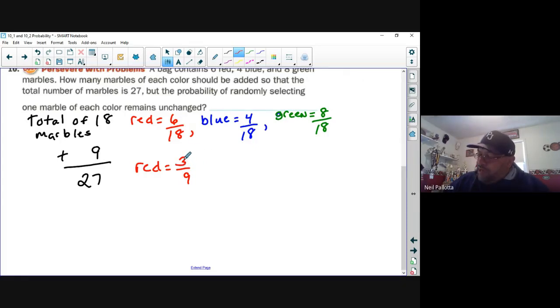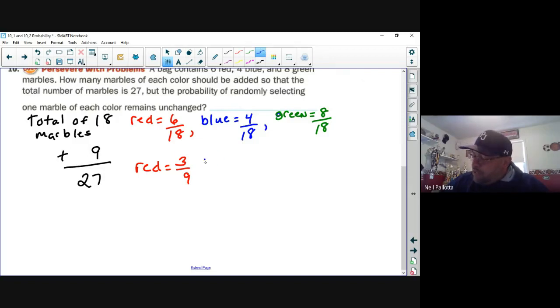So 3 marbles out of 9 is the same as 6 out of 18. We want to know how many of those 9 marbles must be red.